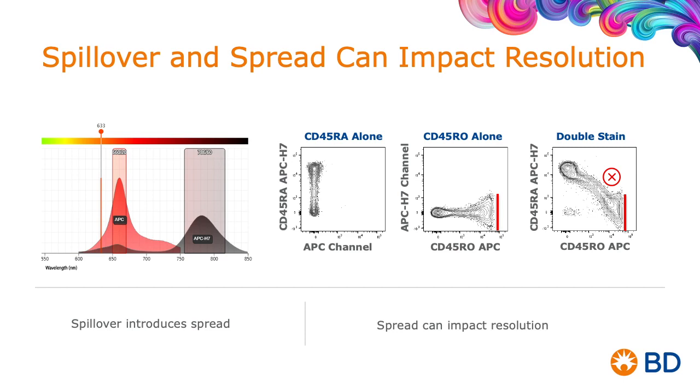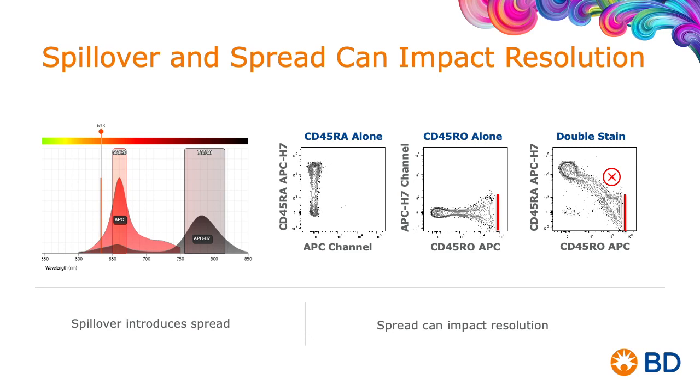On the left, you can see the spectral properties of these 2 dyes, and you may be able to see that the excitation and the emission curve spectrum of APC, in red, has a tail that will overlap with the detector of APC-H7, and that's what we call spillover. That will be detected in the APC-H7 channel and will be corrected by compensation. However, the spread that results from this spillover cannot be eliminated. And we can visualize the spread, for example, in the plots that you see to the right of the spectrum.